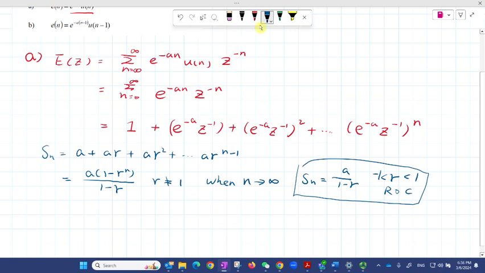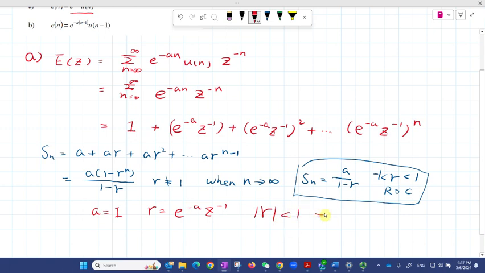So let's look at our case. In our case, a equals 1, since the first term is 1 and there's no coefficient at the front. And r is equal to e to the order of negative a, z to the order of negative 1. There is a condition: the absolute value of r has to be smaller than 1.